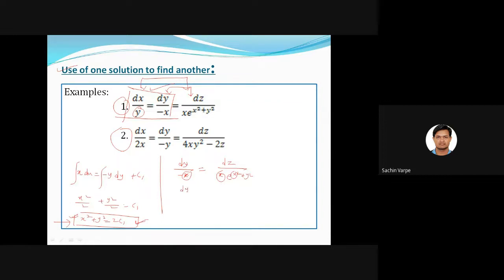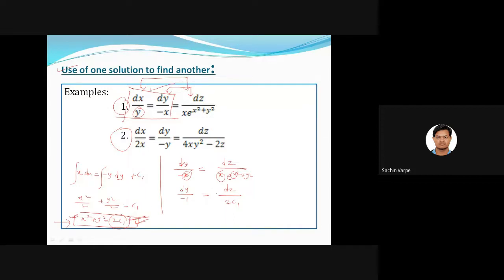So what I'll get? dy by minus 1 is equal to dz by e to the power 2c1. See, 2c1 I can denote by c1 dash also, a different constant. So the constant doesn't matter.